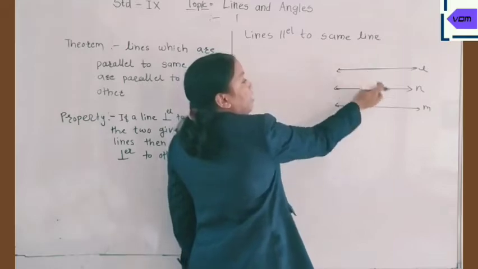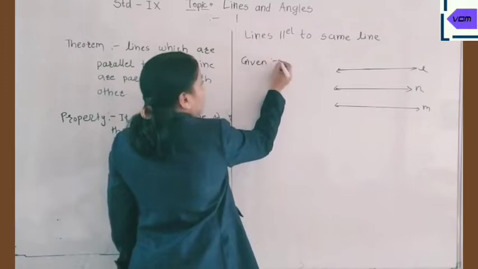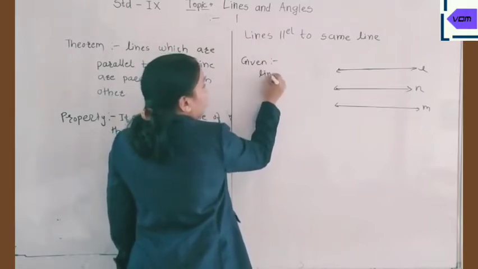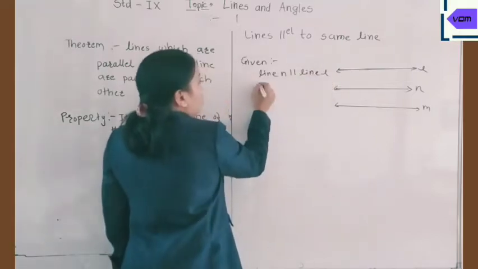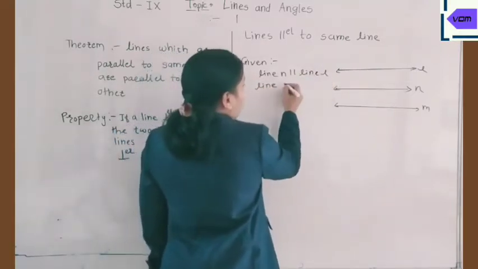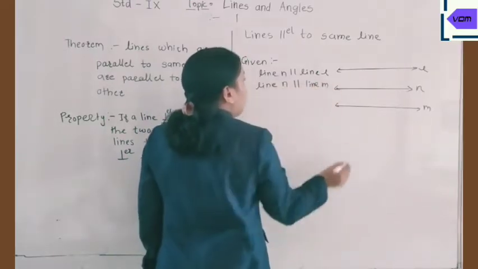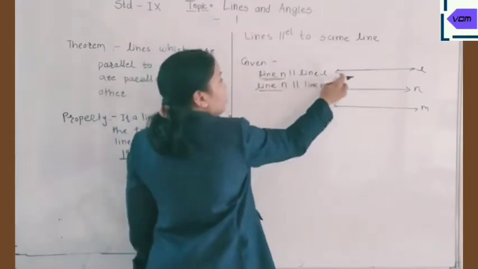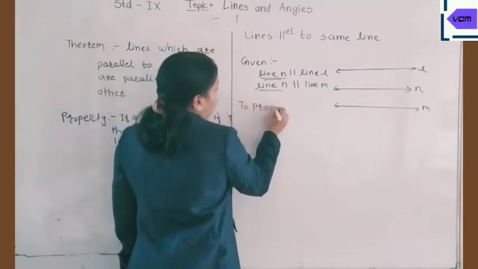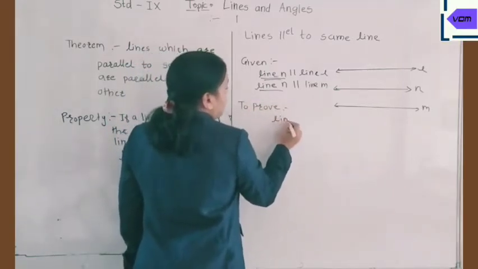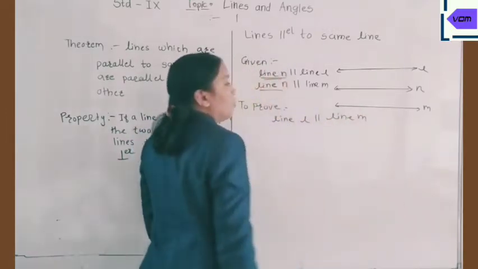That line L is parallel to line M. Given that line N is parallel to line L, and the same line N is parallel to line M. The common line N is parallel to this line as well as this line. Now we want to prove that line L is parallel to line M.